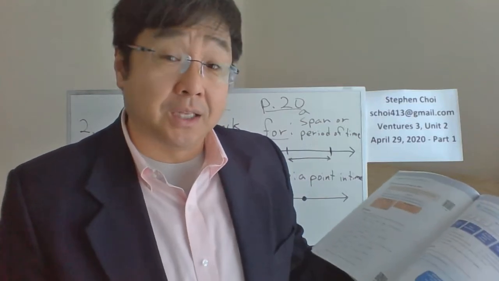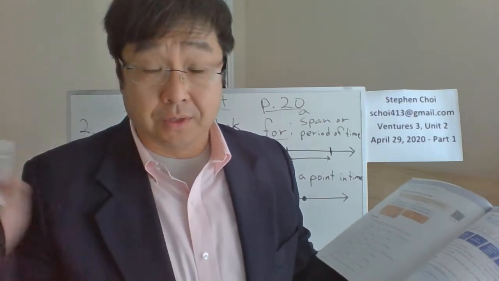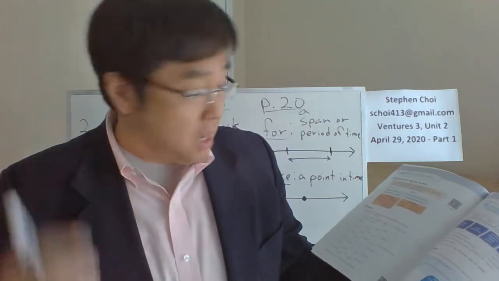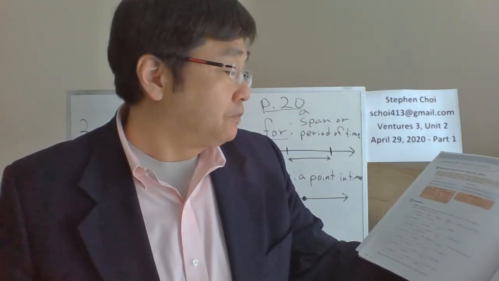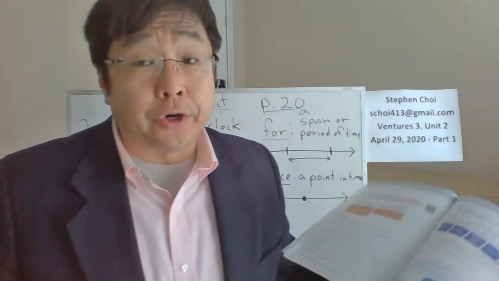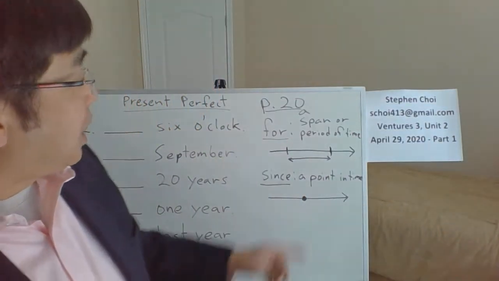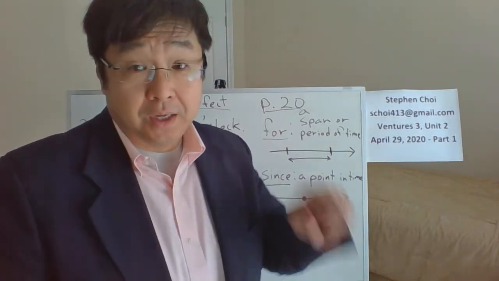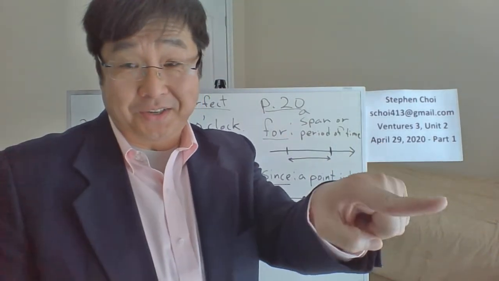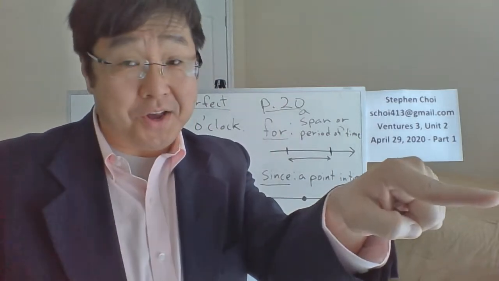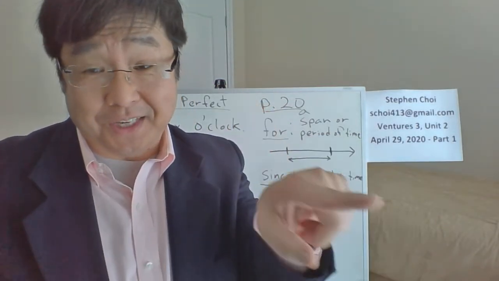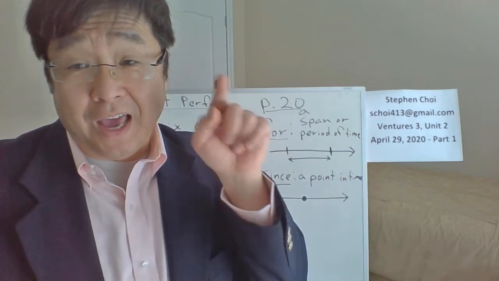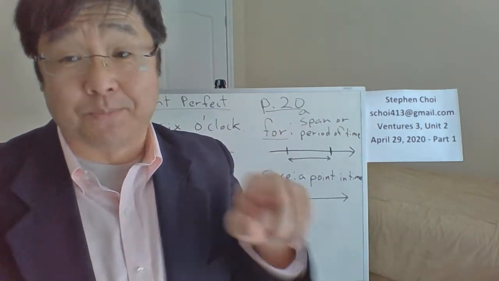That's probably 6 p.m., but it could be 6 a.m. So do you use for or since? Is 6 o'clock a span or period of time or a point in time? 5:59 is a point in time, and 6:01 is a point in time.